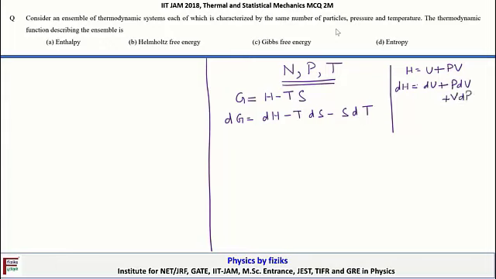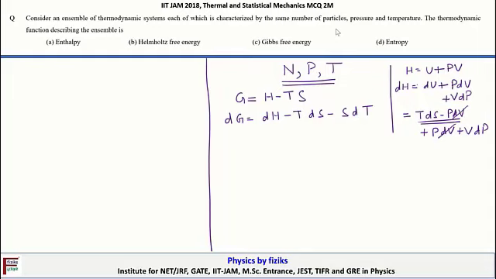By substituting this value of dH here, we can substitute dU, that is equal to TdS minus PdV. We have replaced dU with this expression, which is basically from the first law of thermodynamics, plus the remaining two terms, PdV plus VdP. PdV and PdV cancel with each other, so finally dH will be TdS plus VdP.